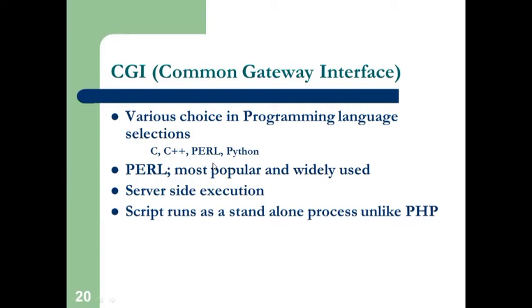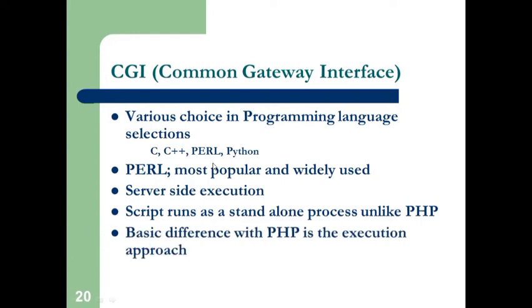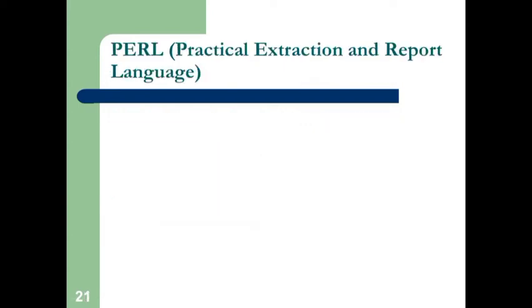PHP uses different languages to interact with the web server and the client side web page. The basic difference with PHP is the execution approach. There is a difference between the execution process in both of them. CGI has its own execution approach, whereas PHP has its own execution approach.